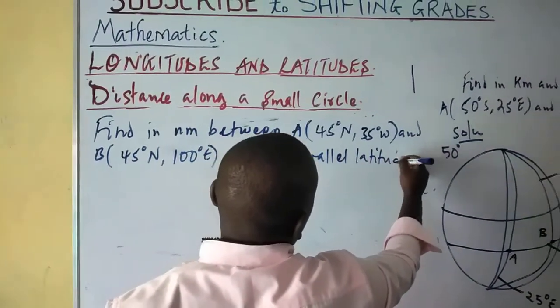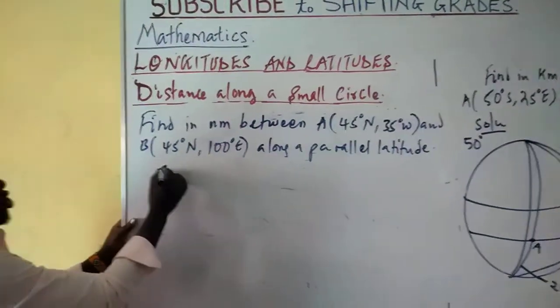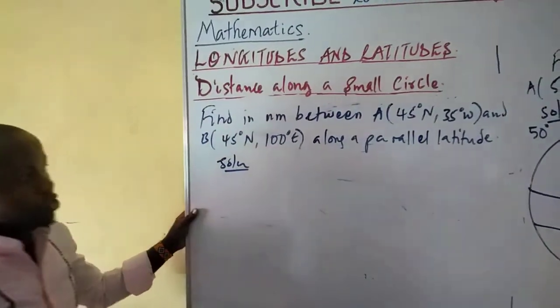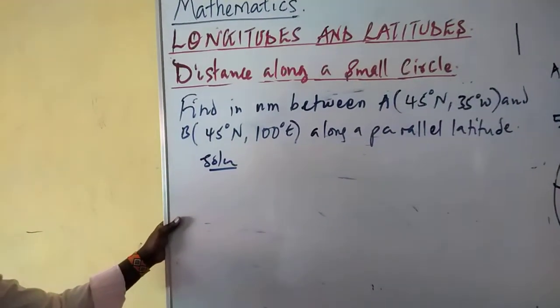Therefore, this is along a latitude. Solution: the distance between A and B along a parallel of latitude.